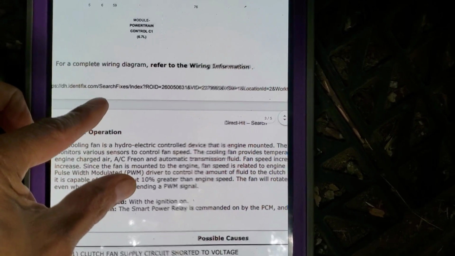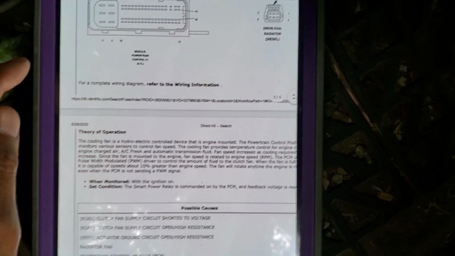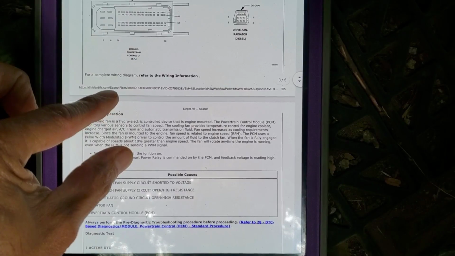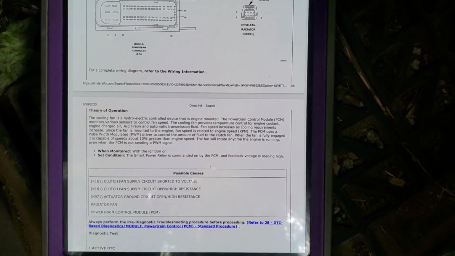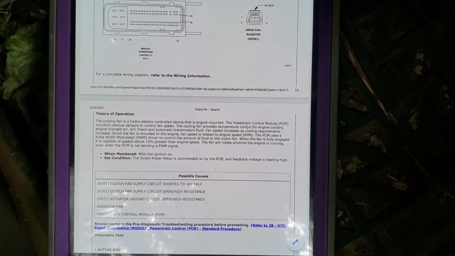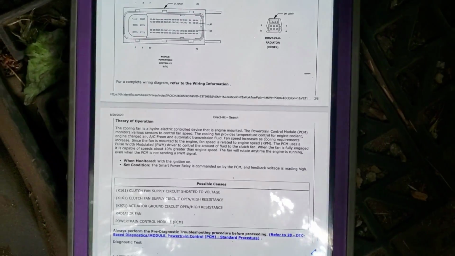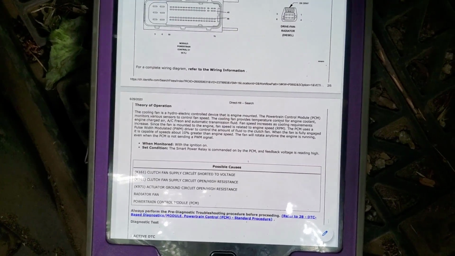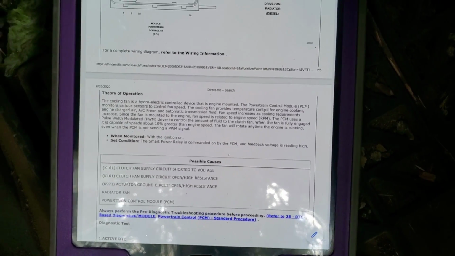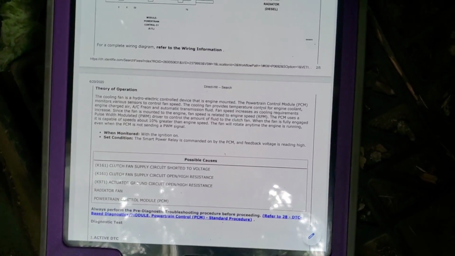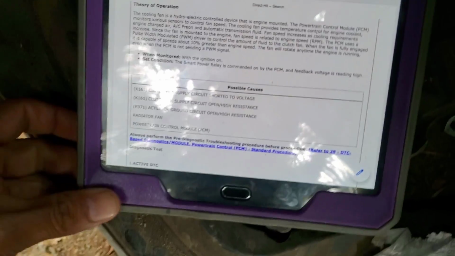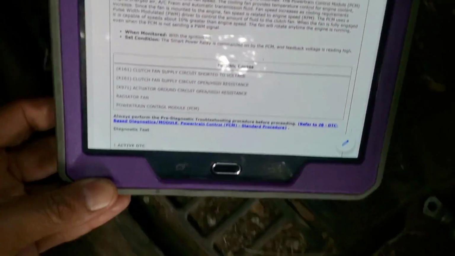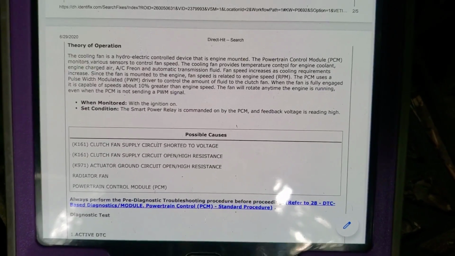So basically we're gonna go through the theory and operation of the system. I know what it does, but I like to read how the system works. Looking for the glare, trying to find where I have less glare.